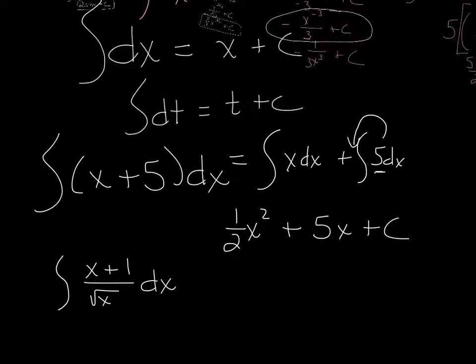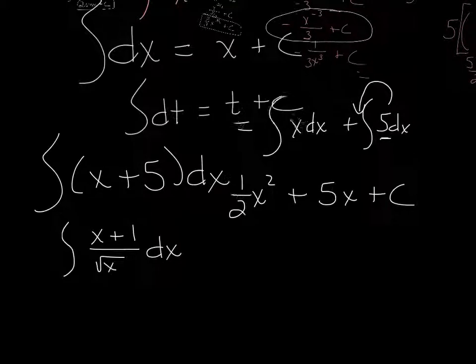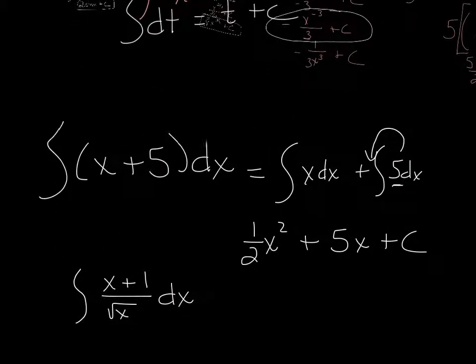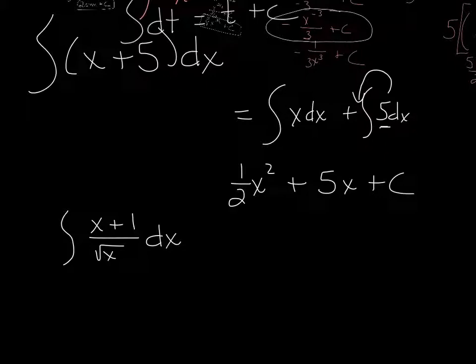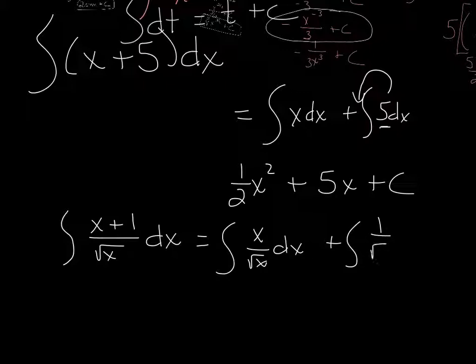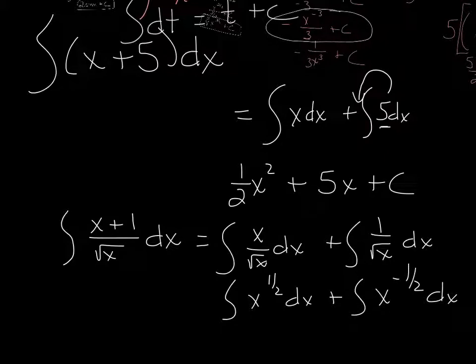We can rewrite this as x over the square root of x dx plus 1 over the square root of x dx, which becomes x to the 1/2 plus x to the negative 1/2.